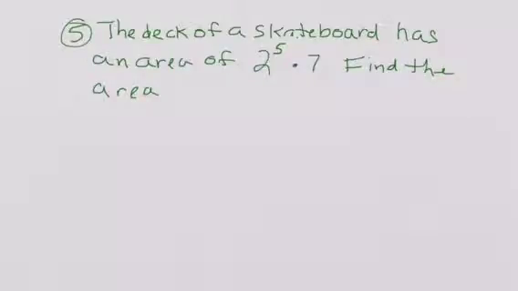All right, so now we are trying to find the area of the deck of the skateboard. If the area is given to us as 2 to the 5th power times 7, the first thing that we have to do is simplify 2 to the 5th power. So that's 2 times 2 times 2 times 2 times 2.